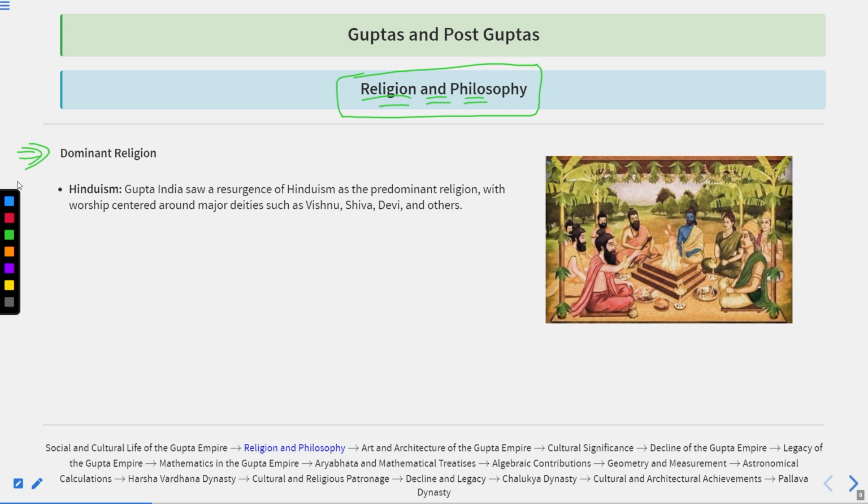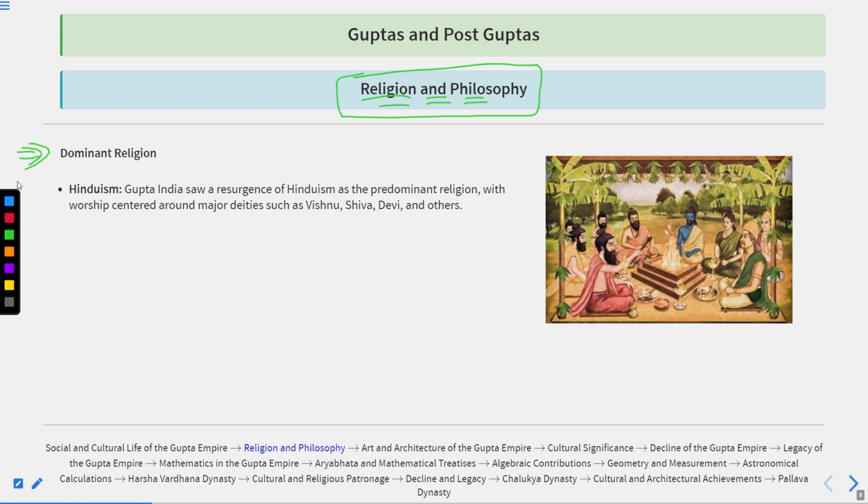The Shungas were mainly patrons of Hinduism, but they also made way for Buddhism and Jainism. It means that by themselves they were promoting Hinduism, but they were also giving an edge to Buddhism and Jainism.